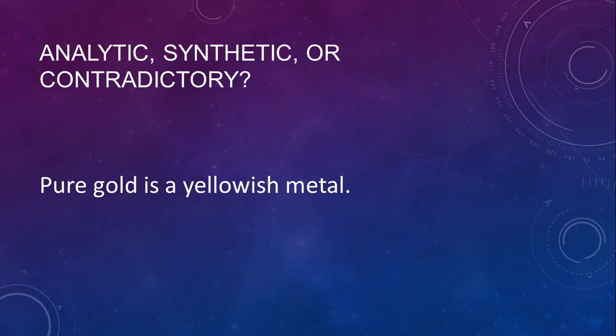Pure gold is a yellowish metal. Is it analytic or synthetic or contradictory? I don't know. This was certainly how we identified gold for most of the history of humanity. Gold is the yellowish metal that doesn't rust and is malleable, something like that.